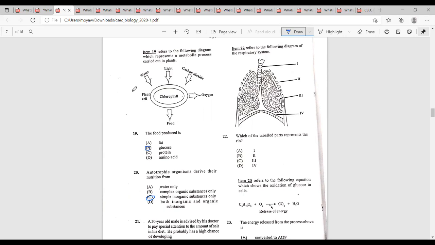They're inorganic, right? Carbon, oxygen. These substances do not have any C-H-O bond, and hence they're inorganic. So that's why that's the best option.